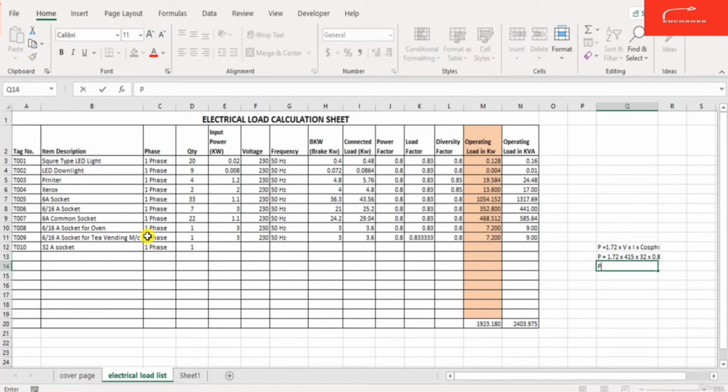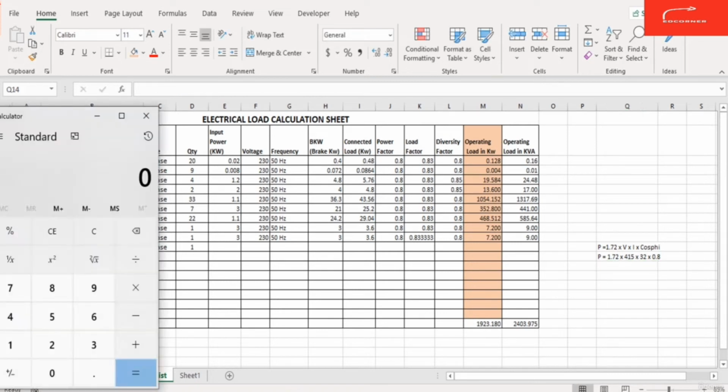Again P is equal to 1.72 multiply 415 multiply 32 multiply 0.8.